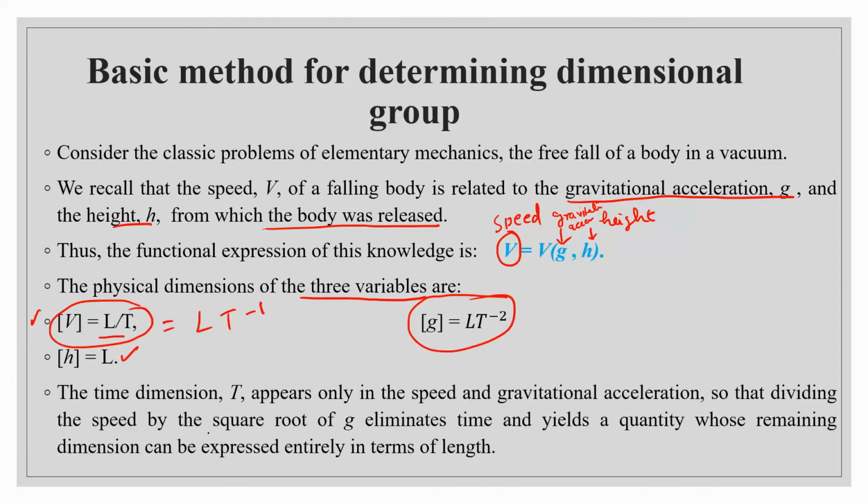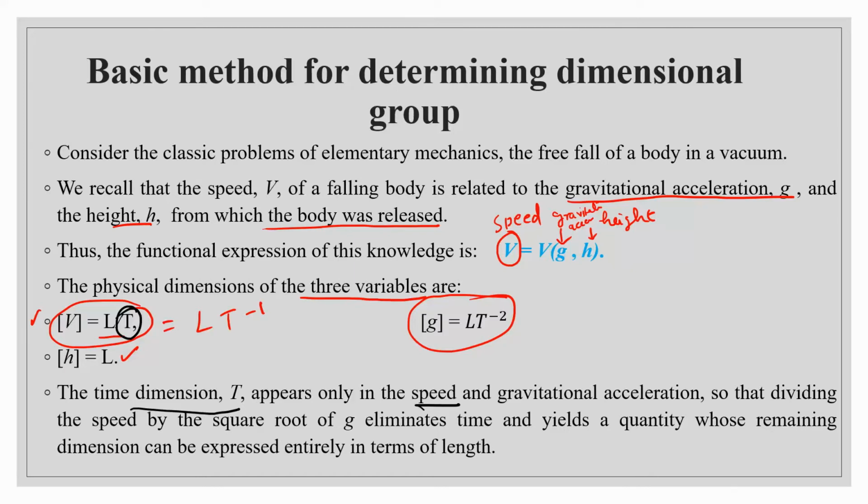Now we can observe that the time dimension t appears only in the speed and the gravitational acceleration. So if we divide the speed by the square root of g, it will eliminate the time and yield a quantity depending entirely on length.